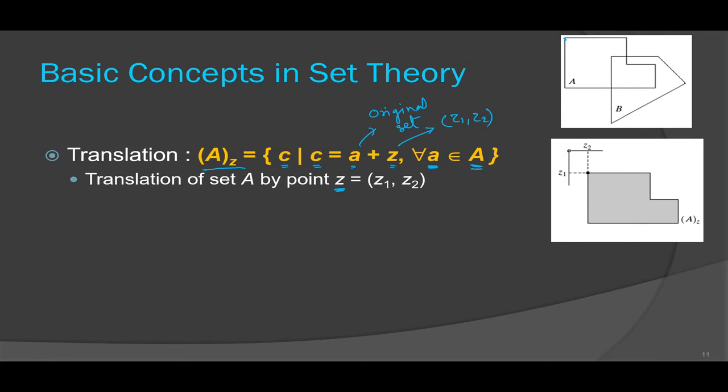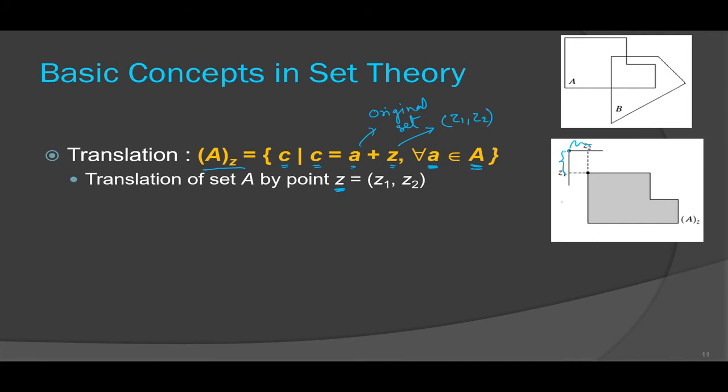What I am trying to do is use the translation by this point Z, where Z is given as Z1 and Z2. So this point gets displaced in the X orientation by Z1 and in the Y orientation by Z2. In every element I'll be adding Z1 and Z2.